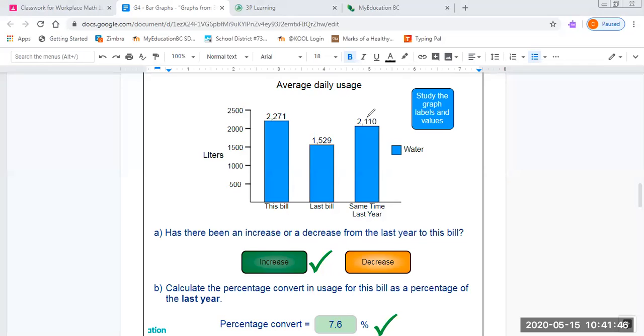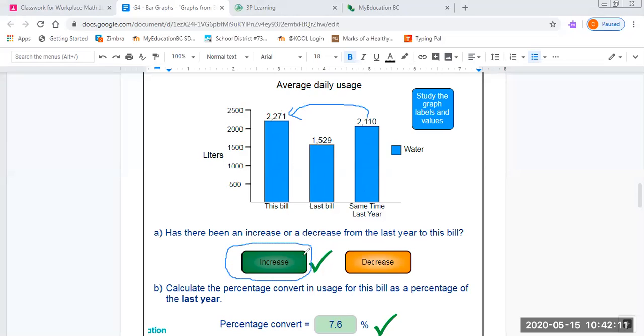So basically we were comparing last year's bill to this bill. And the question is, did it go up? Well, obviously it did, because 2,110 is less than the 2,271. So basically it increased from 2,110 to 2,271. And that's why we would say it increased from last year's bill to this bill. So hopefully that makes sense.